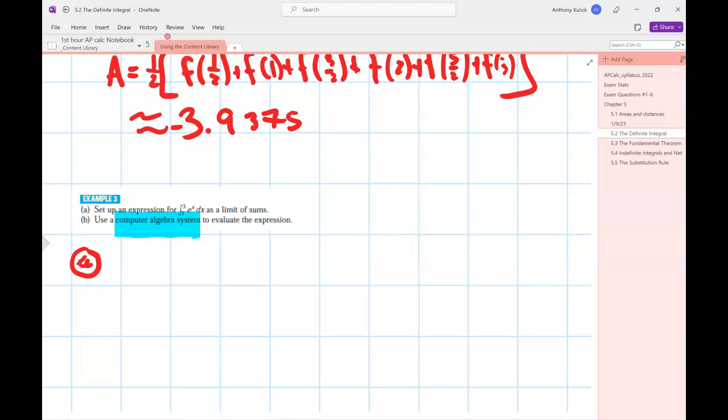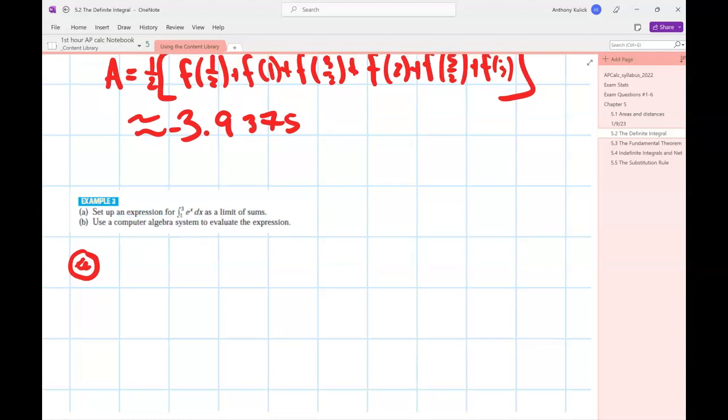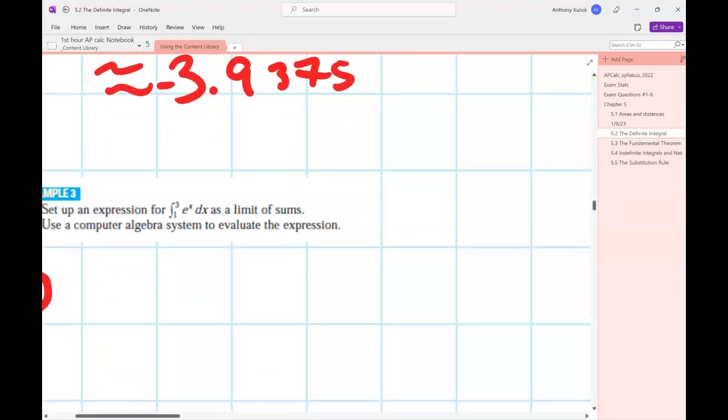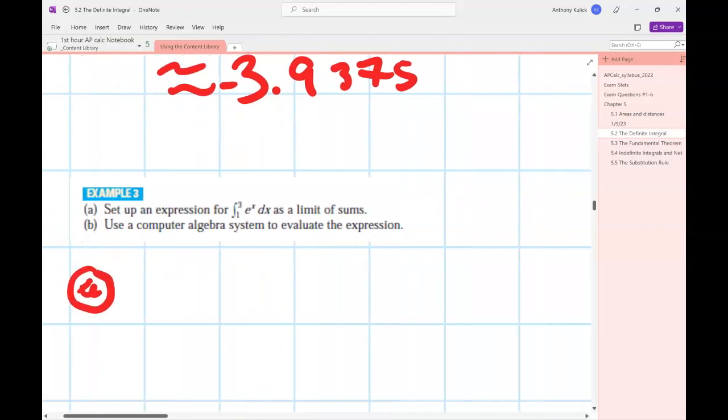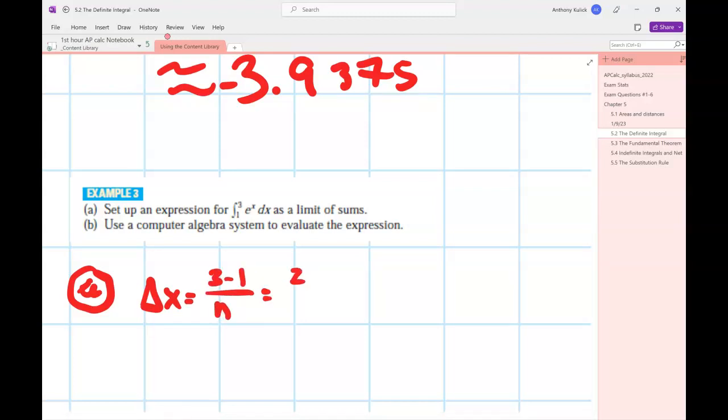the integral from 1 to 3 of e to the x dx. That is correct. So we need to calculate our delta x. So that's that. Our xi is a plus I delta x.